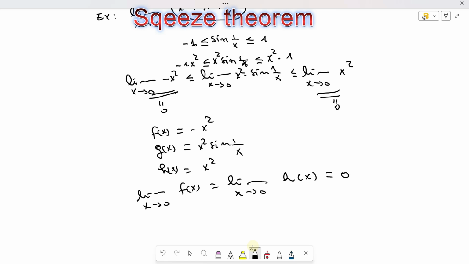So we deduce that the limit when x tends to 0 of our function g of x, which is x squared sine of 1 over x, will also be equal to 0. So you see, the squeeze theorem is a very important theorem to know because it's useful to calculate limits.